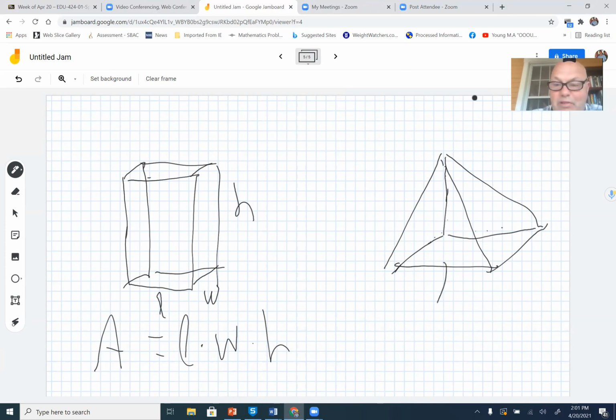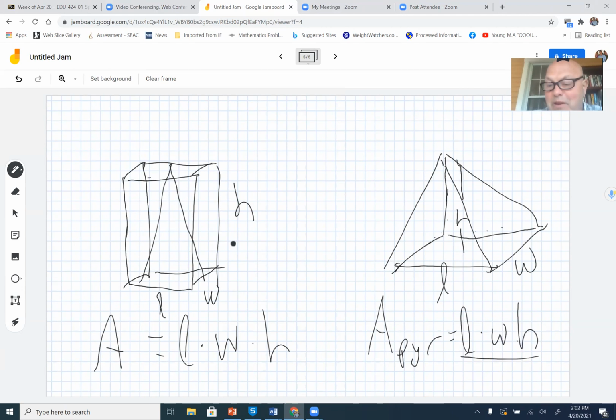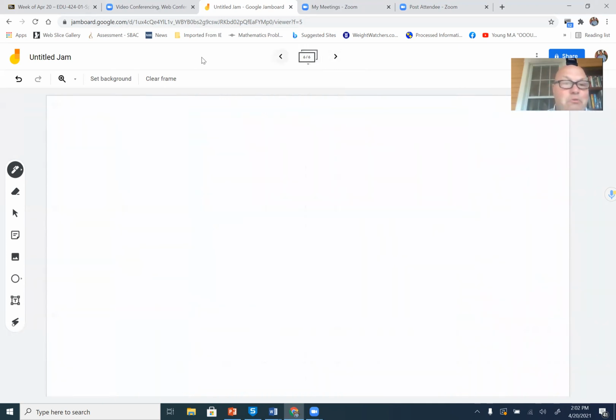Okay, so we would have length times width, and then the height would sort of fall in the middle. All right, so basically, if you can kind of visualize this, how many of these can we fit into here? Well, if we go like this, we can see that there would be 3 of them. So the volume of the pyramid is equal to length times width times height divided by 3, or 1/3 of that. All right, the same works with a cone, with a cylinder and a cone.